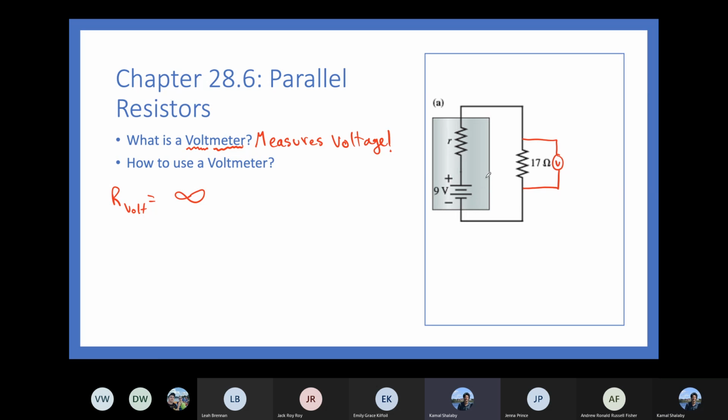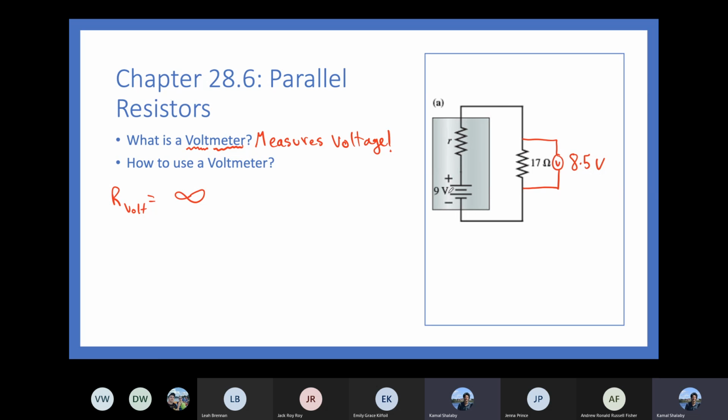Okay. So let's say that this voltmeter is measuring 8.5 volts. With that, how can you find the resistance inside the battery?